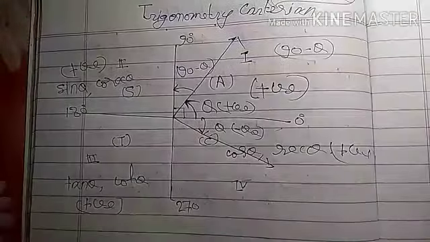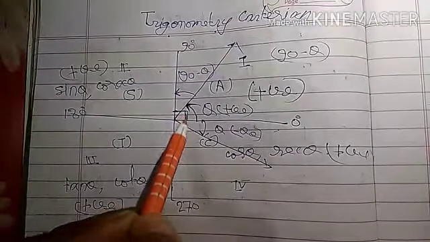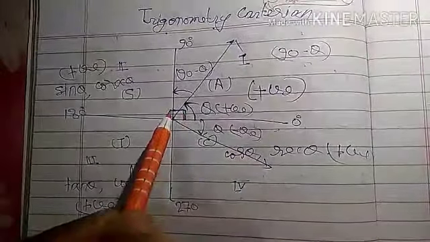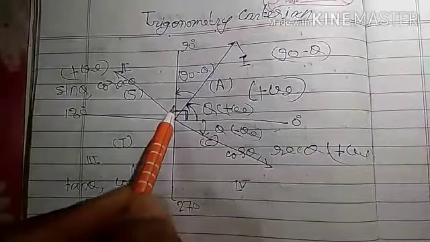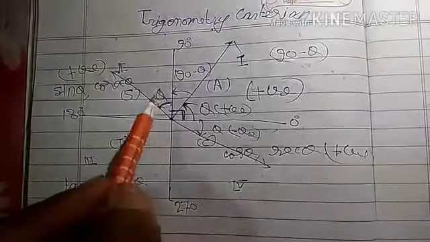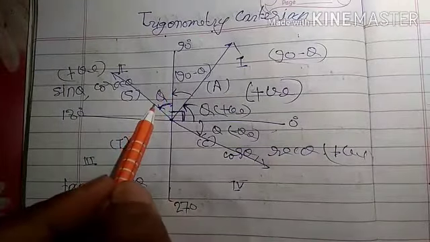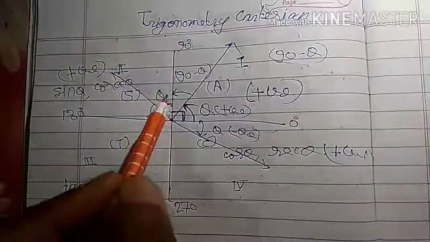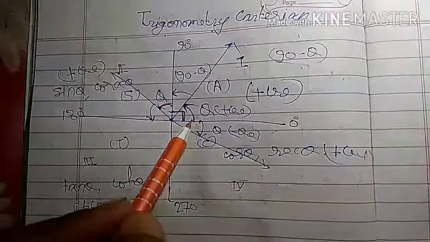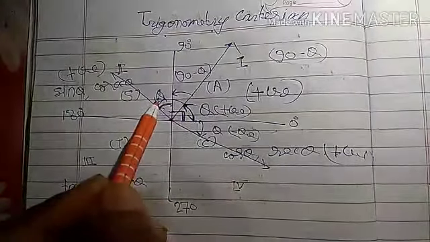Next, we draw this angle, which is 90 degrees, and we draw another angle of theta degrees. Suppose this angle is theta, and this angle is 90, so overall this angle is 90 plus theta.